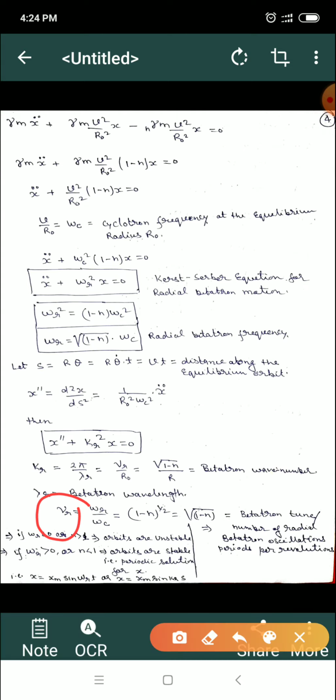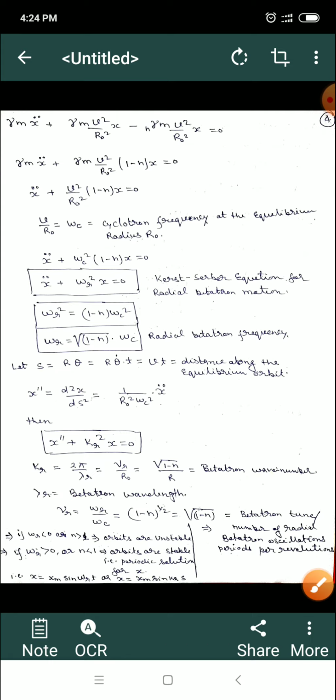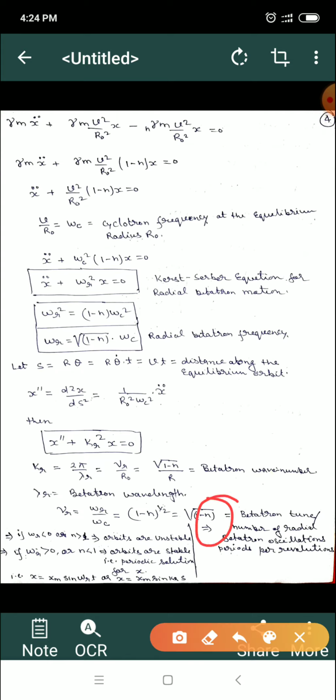Similarly, if omega r squared is positive, that means n is less than 1. The field index should be less than 1, and if the field index is negative, then under the root it becomes positive, so we will get some real nu r. That means the orbits are stable, or a periodic solution exists for x.